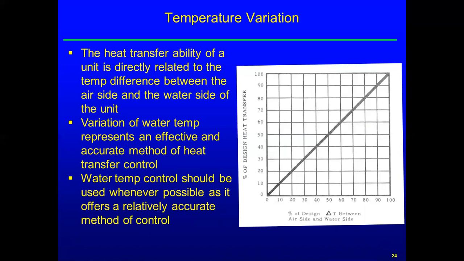Nice straight line. The heat transfer ability of a unit is directly related to the temperature difference between the air side and the water side of the unit. So if you have a given air temperature, and you're keeping your space at a consistent temperature, you would expect your mixed air to be fairly constant in temperature entering a coil.